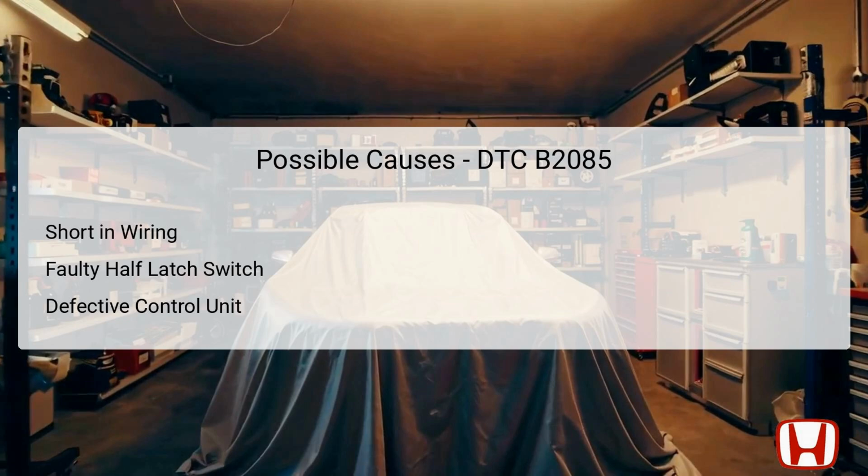Additionally, a defective right power sliding door control unit could also trigger this DTC. Every component must work cohesively for the sliding door to function correctly, and identifying the root cause is critical to effective repairs. Troubleshooting should begin by checking these components thoroughly.